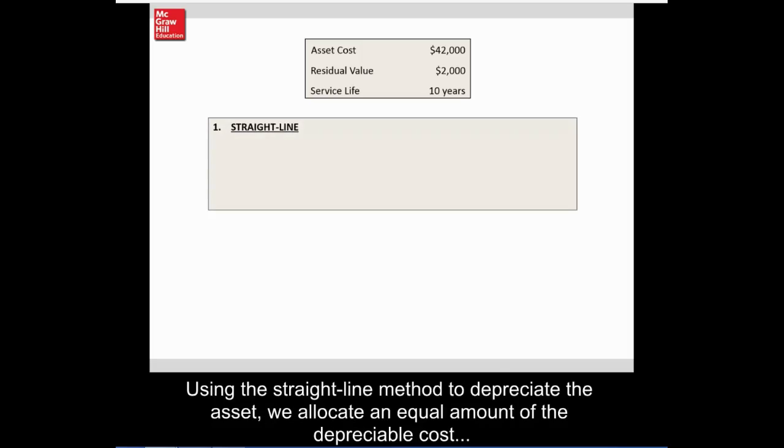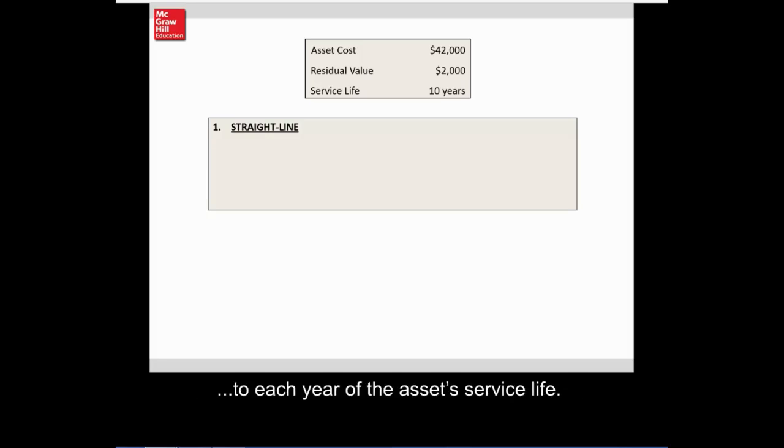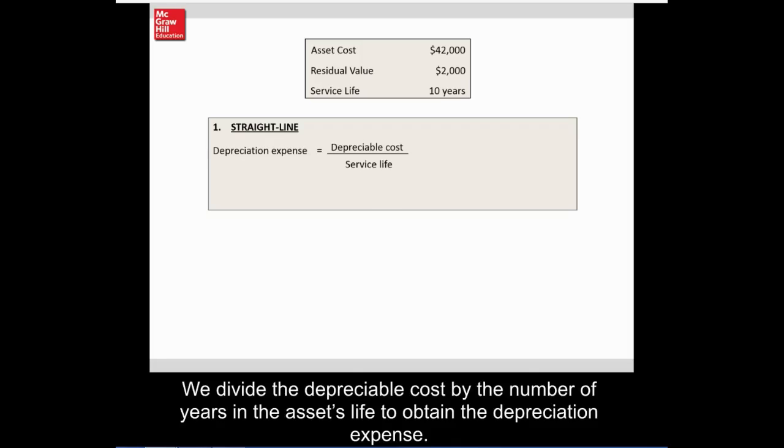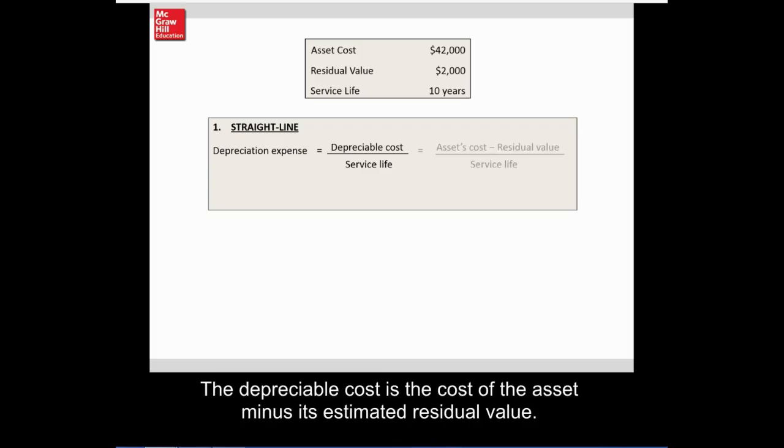Using the straight line method to depreciate the asset, we allocate an equal amount of the depreciable cost to each year of the asset's service life. We divide the depreciable cost by the number of years in the asset's life to obtain the depreciation expense. The depreciable cost is the cost of the asset minus its estimated residual value.